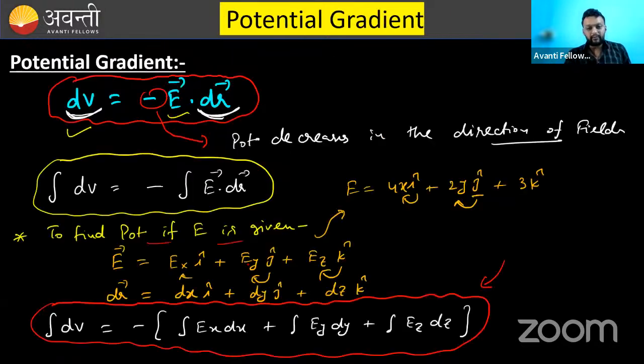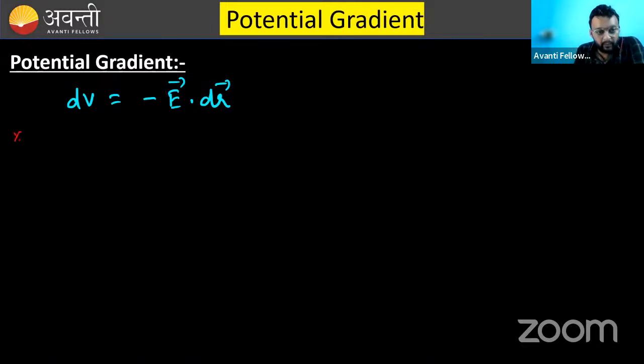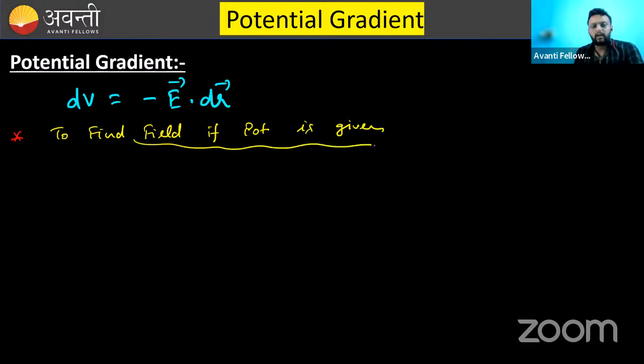Another thing that we will study here, the second point, to find field if potential is given. This is the question that I explained to you in the exam that was held on 30th March. I have explained this type of question.